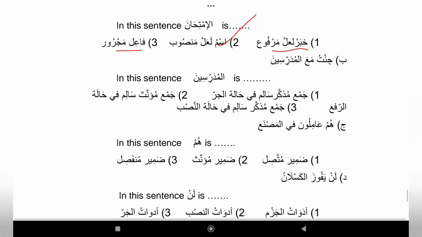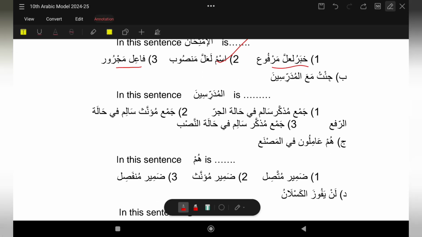And the second question, جئت مع المدرسين. In this sentence, مدرسين is جمع مذكر سالم. That is a جمع مذكر سالم, not جمع مؤنث سالم. Why? جمع مؤنث سالم ends with alif and ta.